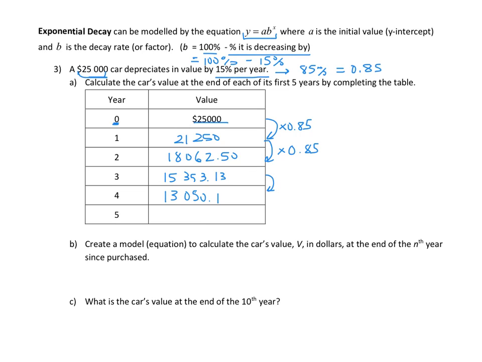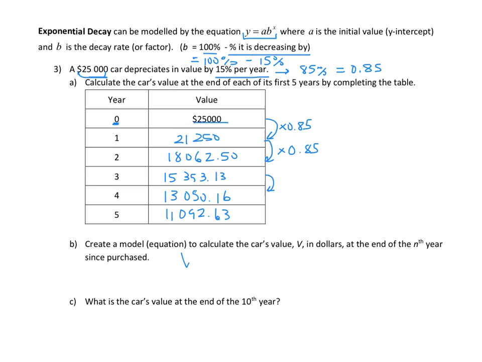I'm leaving all the decimals in my calculator, but what I'm writing down is rounded to 2 decimal places. And times that again, and I get $11,092.63.